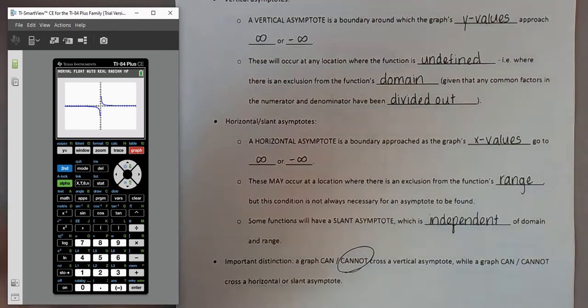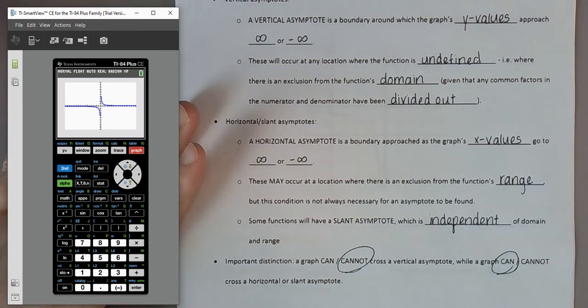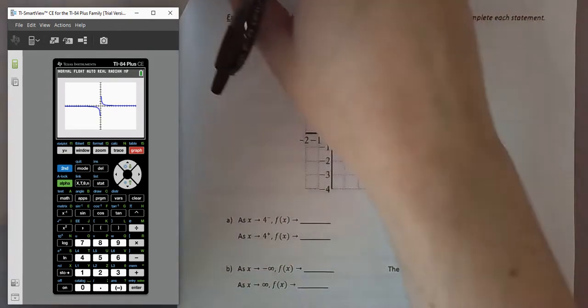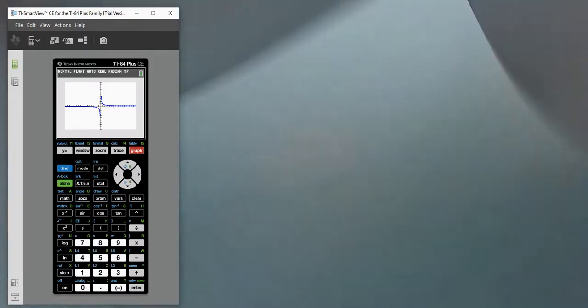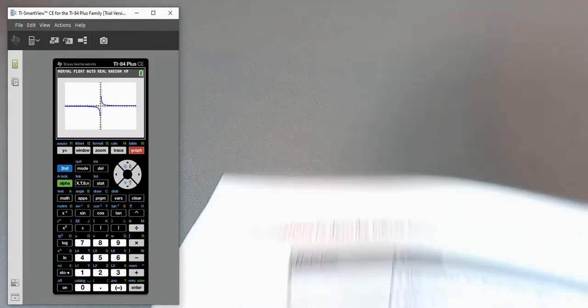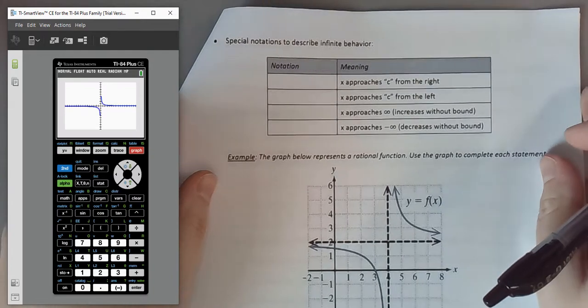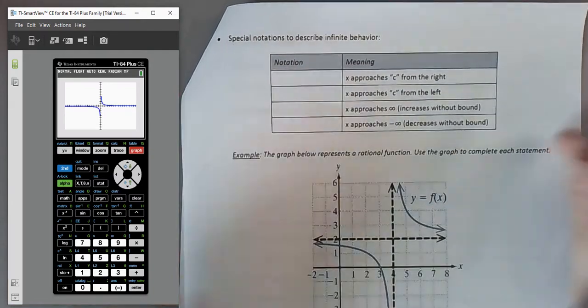Now, on the other hand, a graph can cross a horizontal or slanted asymptote. Sometimes it does, sometimes it doesn't, and we'll talk about how you determine whether or not it does. So before we look at graphing, let's develop a little bit of notation to talk about this special behavior we're seeing with this kind of function, this rational function.